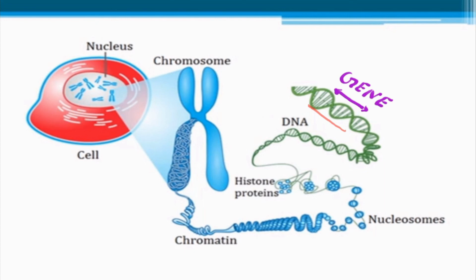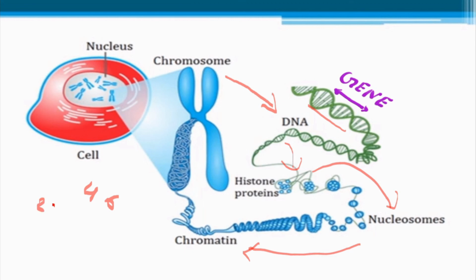So DNA, with the help of histone protein, is condensed to form nucleosomes. Nucleosomes are again condensed to form chromatin, and chromatin is again condensed to form the chromosomes. So ultimately, a chromosome is nothing but the condensation of DNA. Cells contain 46 chromosomes, and those 46 chromosomes contain 20,500 genes.